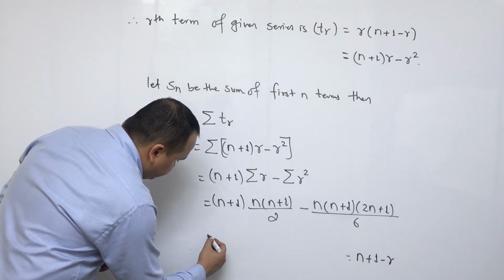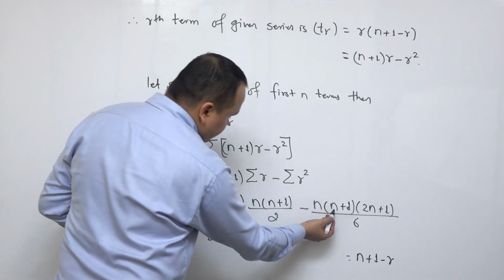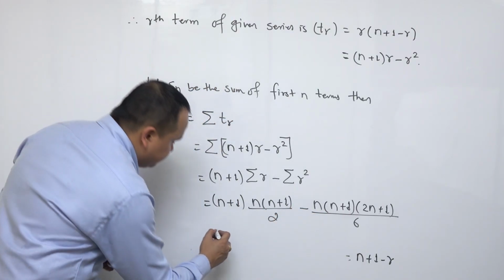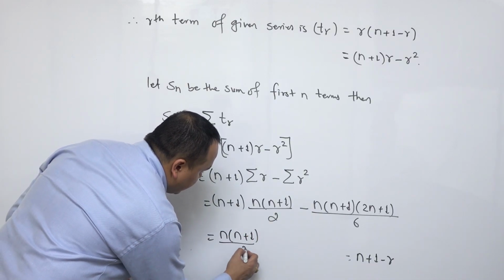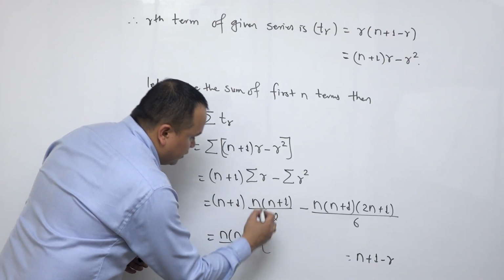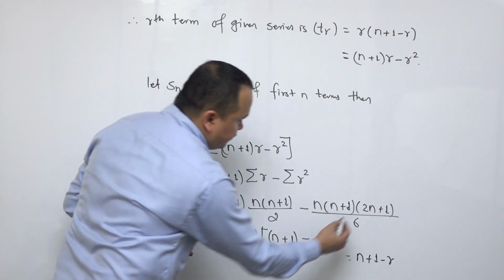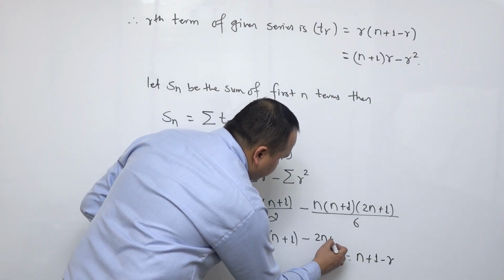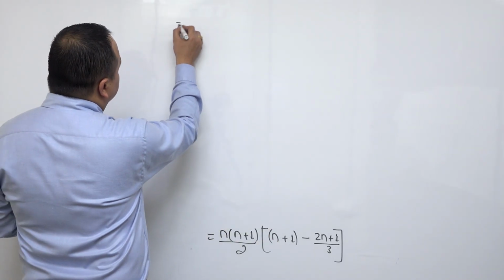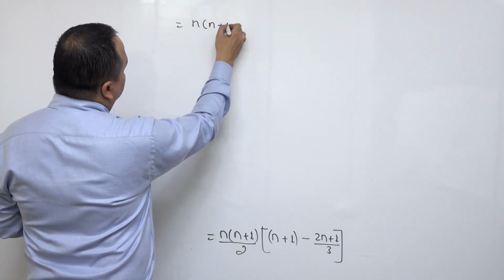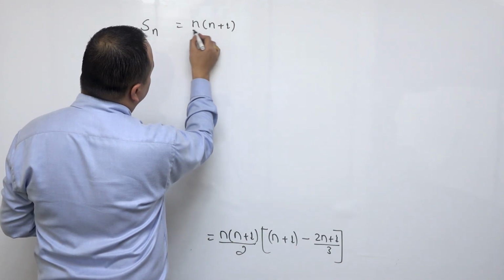And here n plus 1 and n are common. n plus 1 divided by 2 is common. Here n plus 1 minus 2n plus 1 divided by 3. Continue. This is n plus 1 by 2.